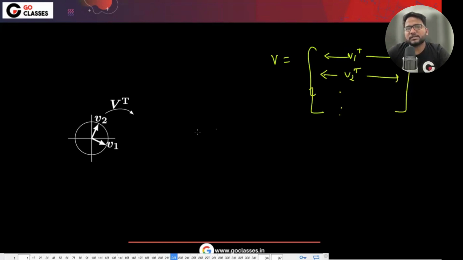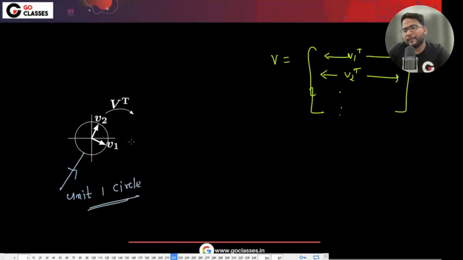I'm just taking two vectors here for example. You can take any random vectors, but I'm specifically taking v1 and v2 to multiply with v transpose. Since v1 and v2 are of length one, I can say it is a unit circle.